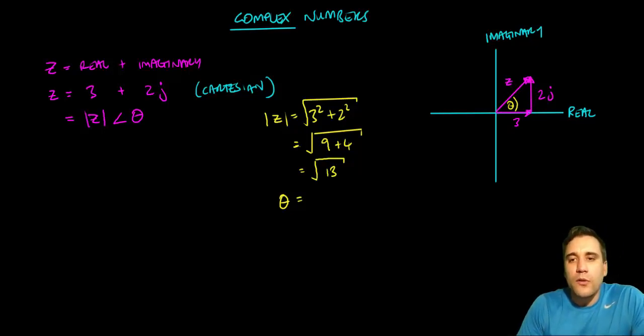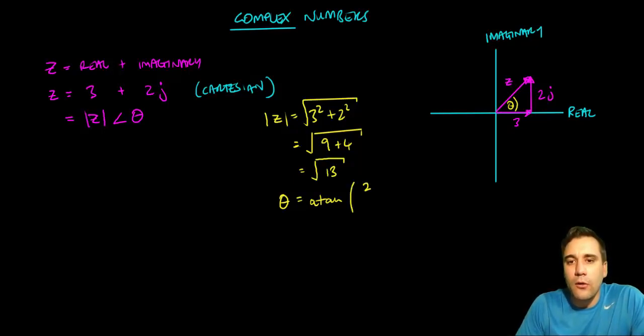So what's the angle? Well, you can solve for the angle pretty simply, just with a bit of trig, and I'll write a tan instead of inverse tan, just so you don't get it confused with something being raised to some power.